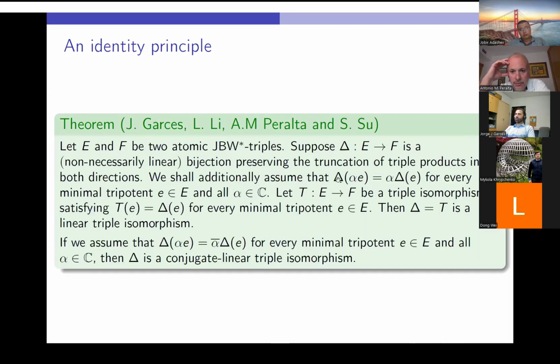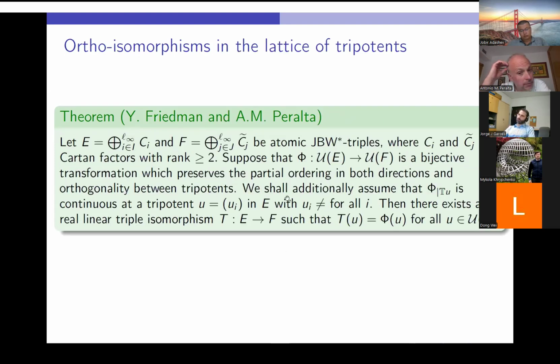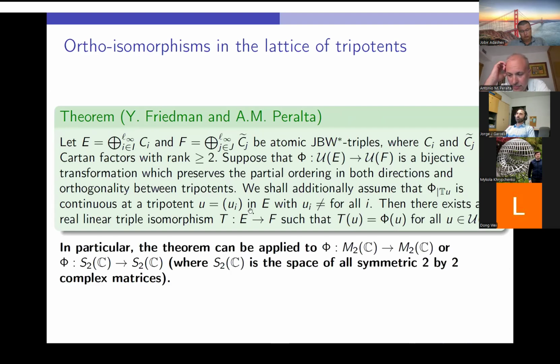And then we will need to show this behavior here, okay? So this is done in many steps. So I'm going to give some results here, skipping all the details. What we can do first, observe that this result by Friedman and Peralta in particular can be applied when we have a mapping between the spaces M2 or S2.